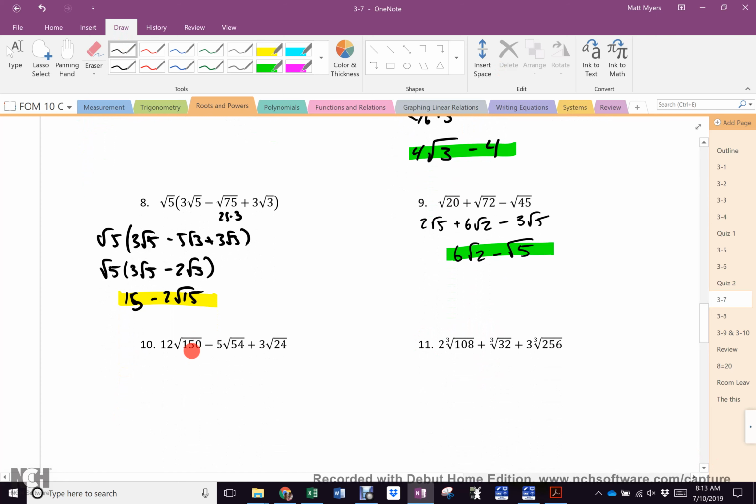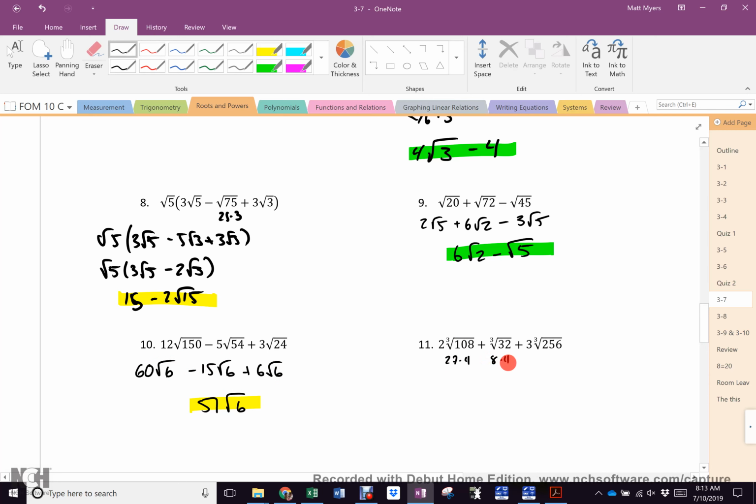And that is 25 times 6, so that's 60 root 6 minus 15 root 6. Plus 6 root 6 is 45 plus 51 root 6. And that is, I hate cube roots. That's 27 times 4.